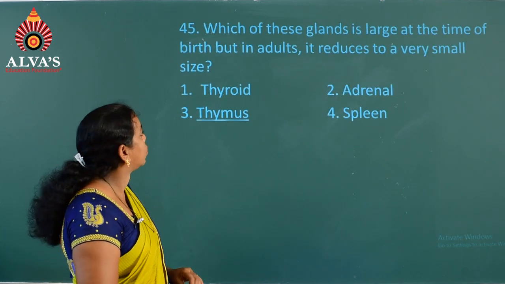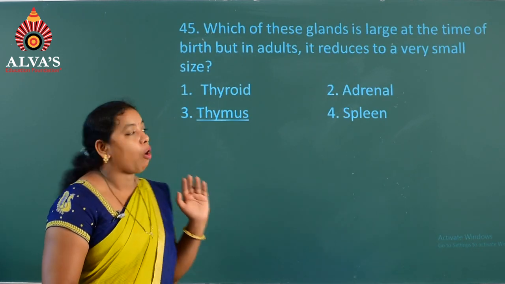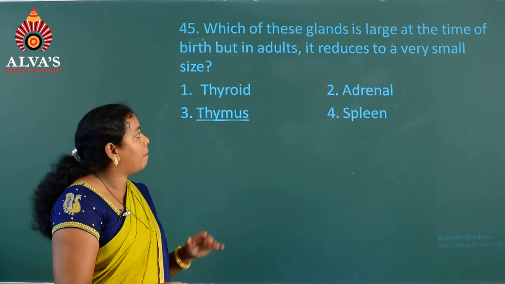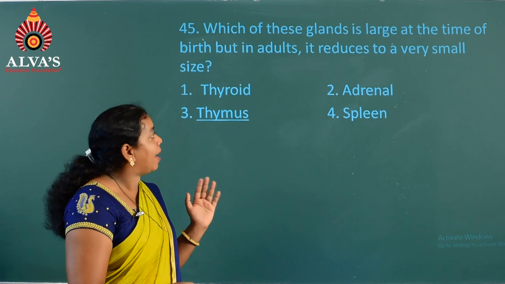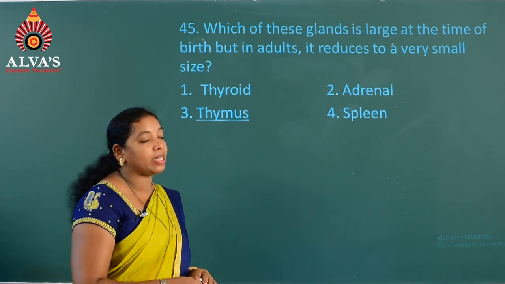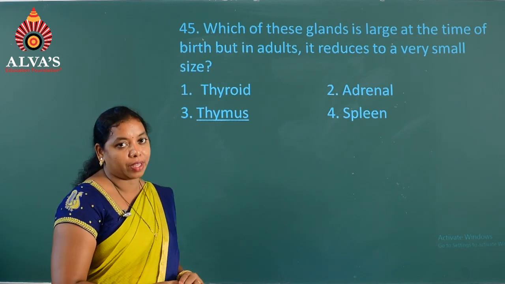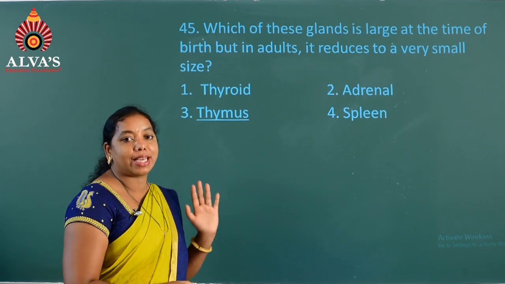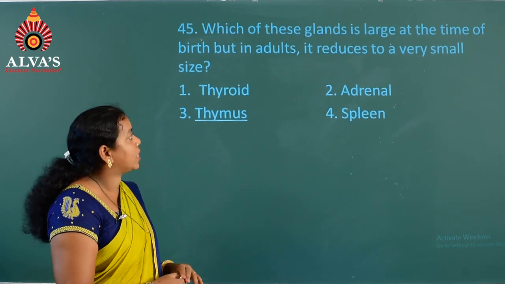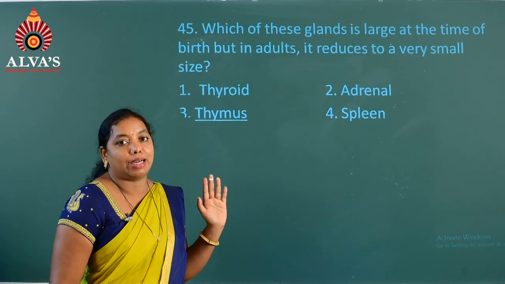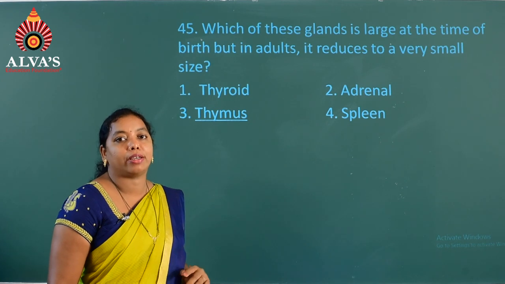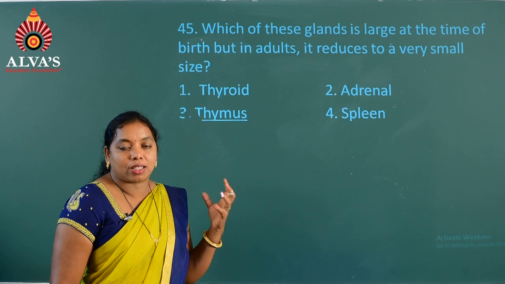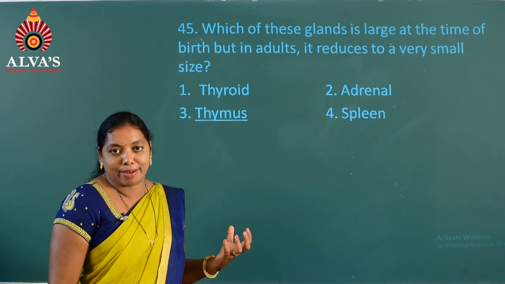What is the next question? Question number 45. Which of these glands is large at the time of birth, but in adults it reduces to a very small size? The options are thyroid, adrenal, thymus and spleen. During the childhood stage, this gland will have an enlarged size.